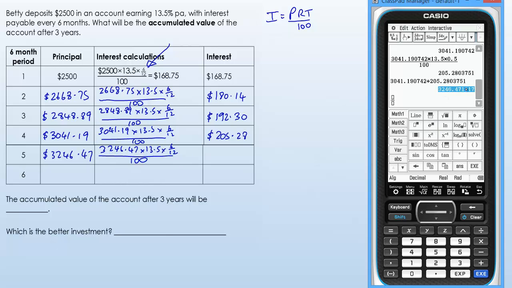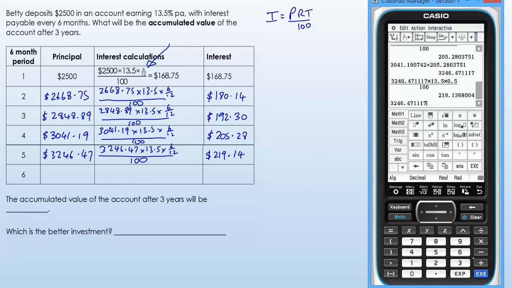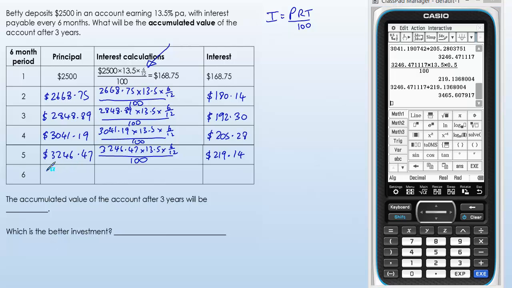So fraction template, drag this into the top, multiply by 13.5, multiply by 0.5, divided by 100, and execute that, and that's $219.14. So we want that and that, giving us 3,465.61.